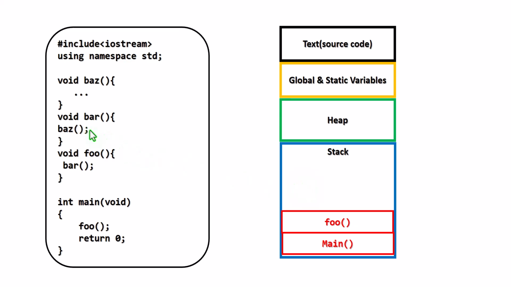Then again, when bar finishes execution, because there is nothing in bar except that it called base, that stack frame will also be deallocated, automatically destroyed. Similarly, when foo finishes execution, its stack frame will be deallocated, and when the main function returns, the stack will be empty.